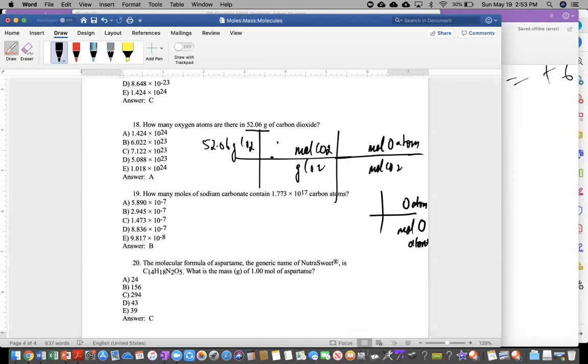So we know that 1 mole of CO2 is 44.01 grams of CO2. And then moles of CO2 to moles of oxygen atoms. What is the mole to mole ratio here? 1 to 2. One CO2 gives me 2 O's, right? Why is that? Well, CO2, there's 2 oxygens.